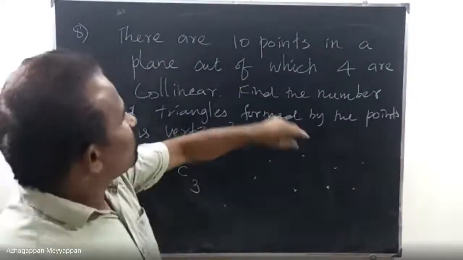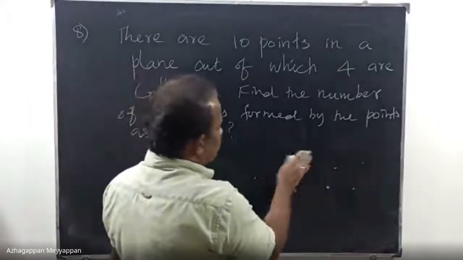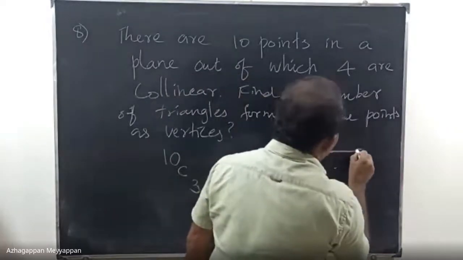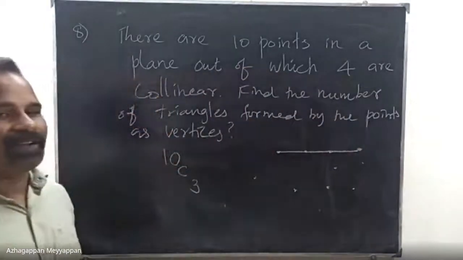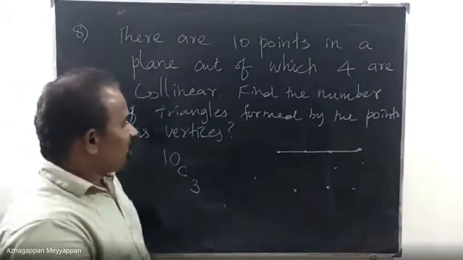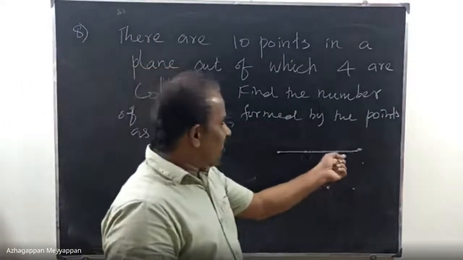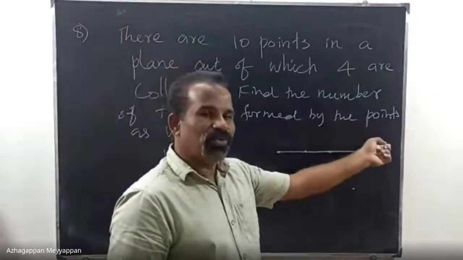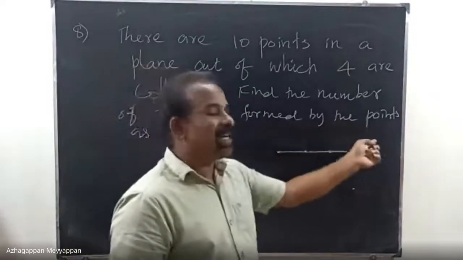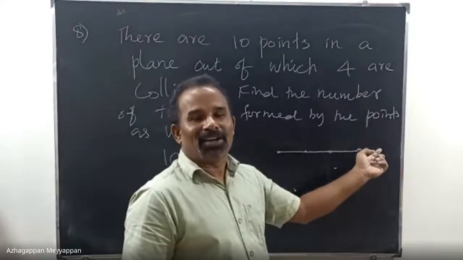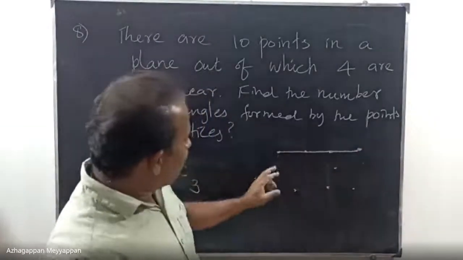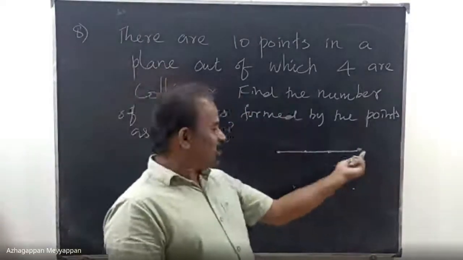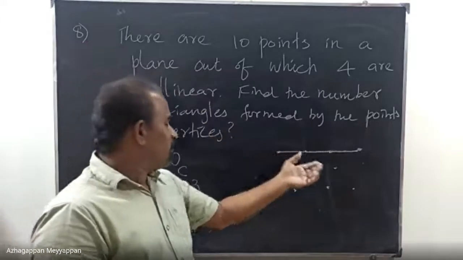Now, of which 4 points are collinear, in the sense that 4 points lie in a straight line. Out of these 4 points, if we select 3 points, we will not get a triangle. All other points, except these 4 points, will give a triangle.